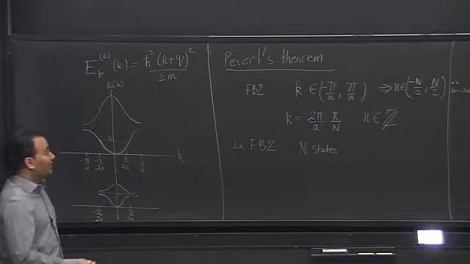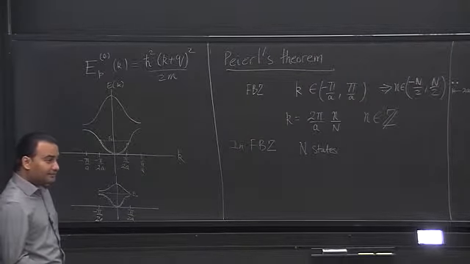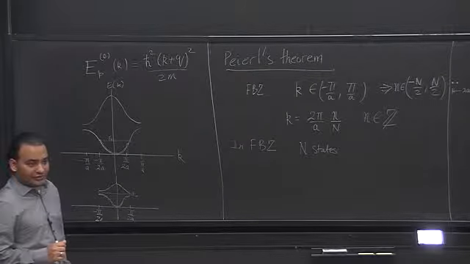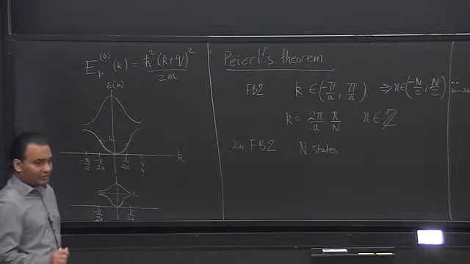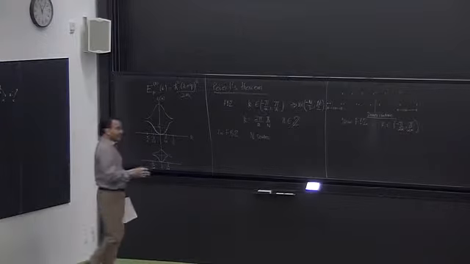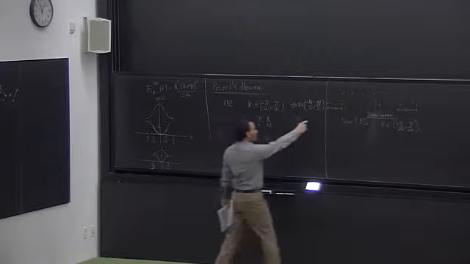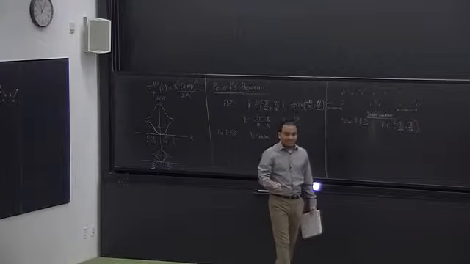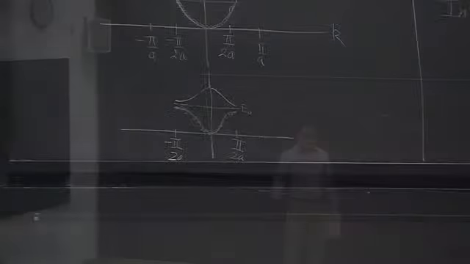So by dimerization, the total energy of the system has reduced. Well, not so fast, because you have to pay some energy cost for this to happen also, right? To move ions, it costs energy.